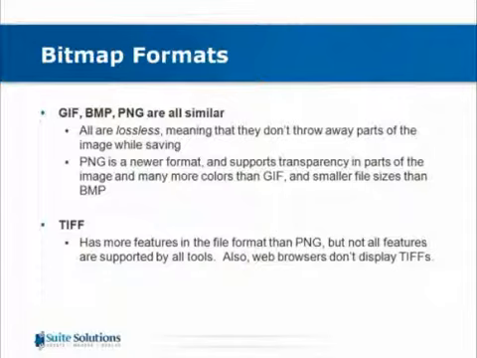But the main downside for using TIFF, so there is a common group of features that most tools do support, and it supports overlapping features with PNGs. So for most of the reasons you'd want to use a PNG, you could just as easily use a TIFF. But web browsers do not display TIFFs.